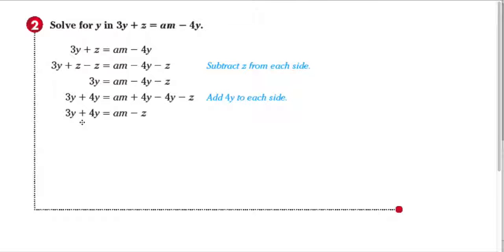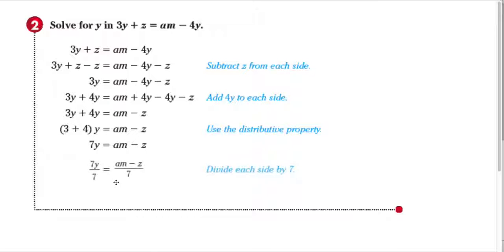Now we have like terms. Adding your like terms, you have 7y equals am minus z, and then to solve for y, we divide both sides by 7, and end up with y equals am minus z all over 7. So that is now the value of y when you have 3y plus z equals am minus 4y and you're trying to solve for y.